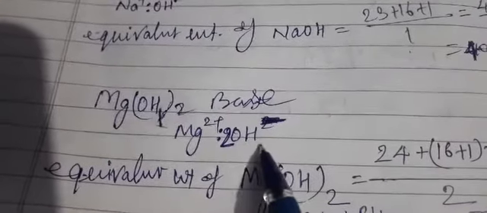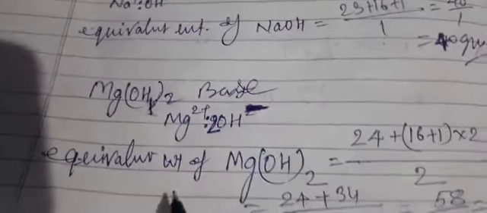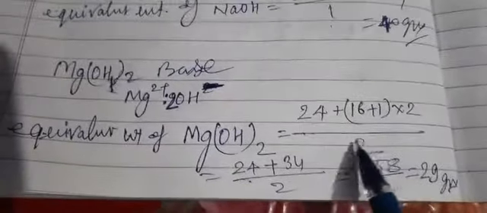It produces 2 hydroxide ions, so its acidity will be 2. So the equivalent weight of magnesium hydroxide is the molecular weight of the base divided by its acidity, 2. Ultimately we are getting 29 gram. Now I will discuss certain mathematical problems.